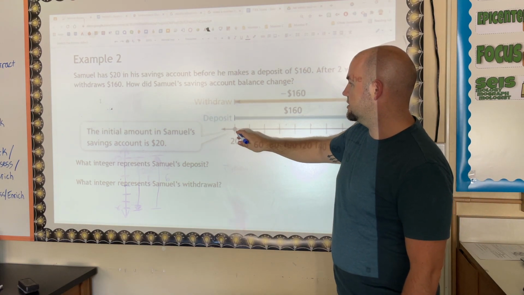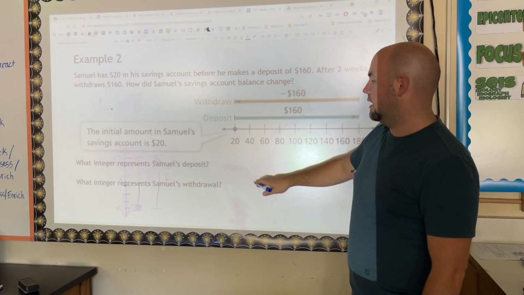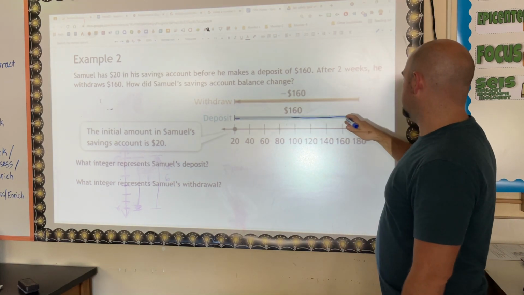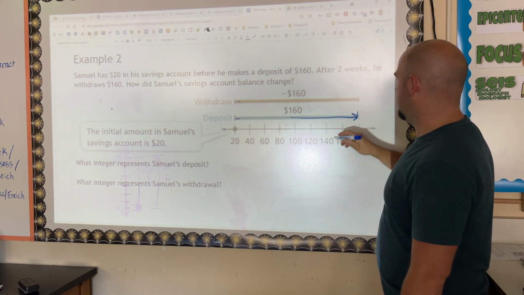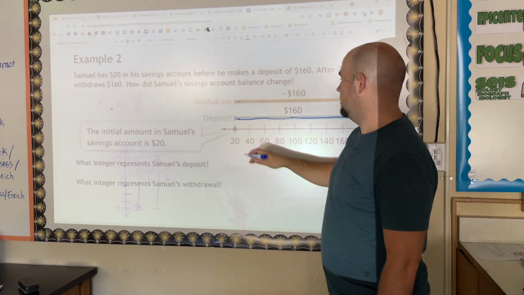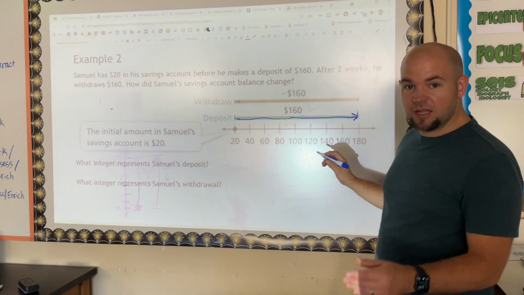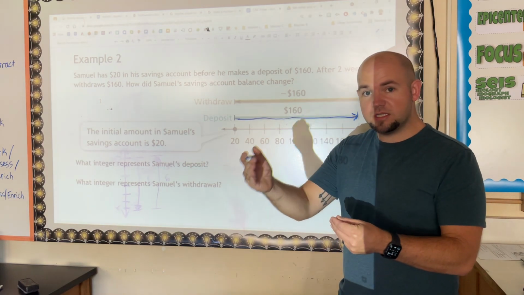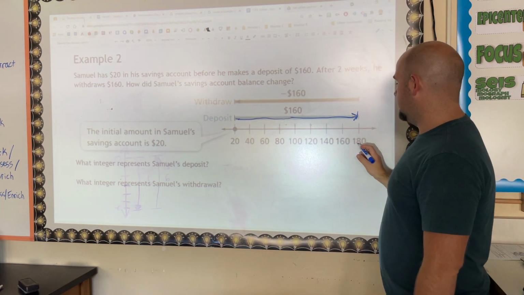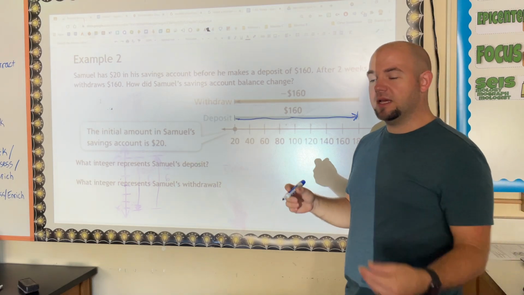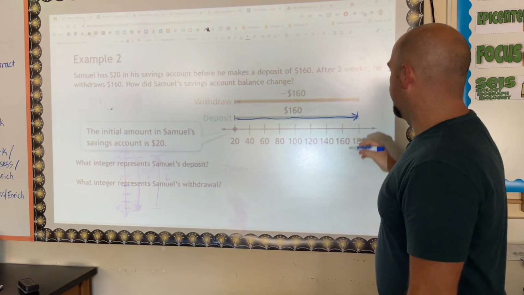So he's going to start at 20, and he's going to make that deposit and move all the way up to 180. So we had 20 plus 160 equals 180. So right now in his bank account, he has $180 sitting there.